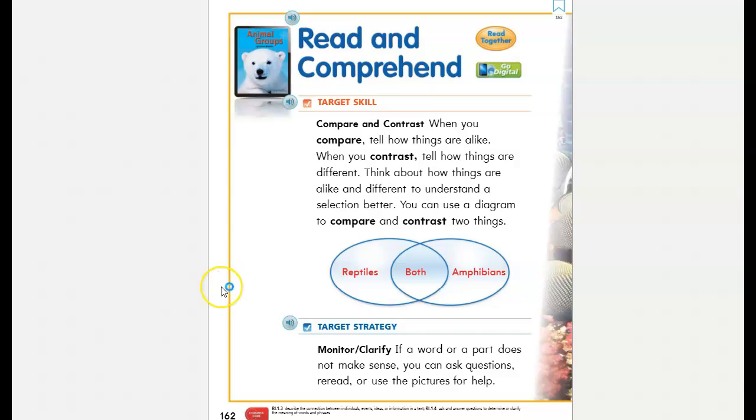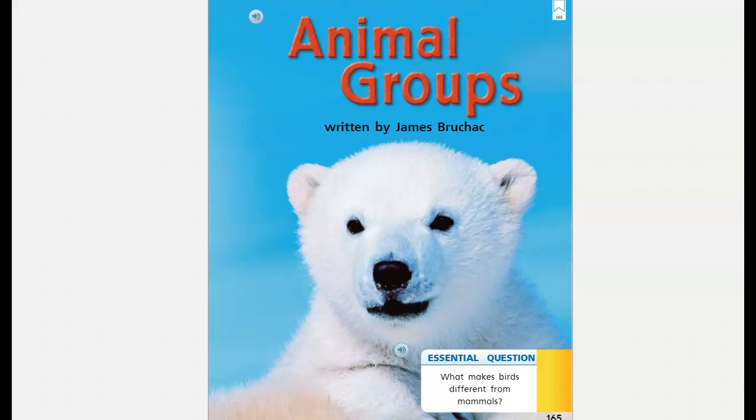This week, we will be making one of these on the board. We are also going to be talking about monitor and clarify. If a word or a part does not make sense, you can ask questions, reread, or use pictures for help.